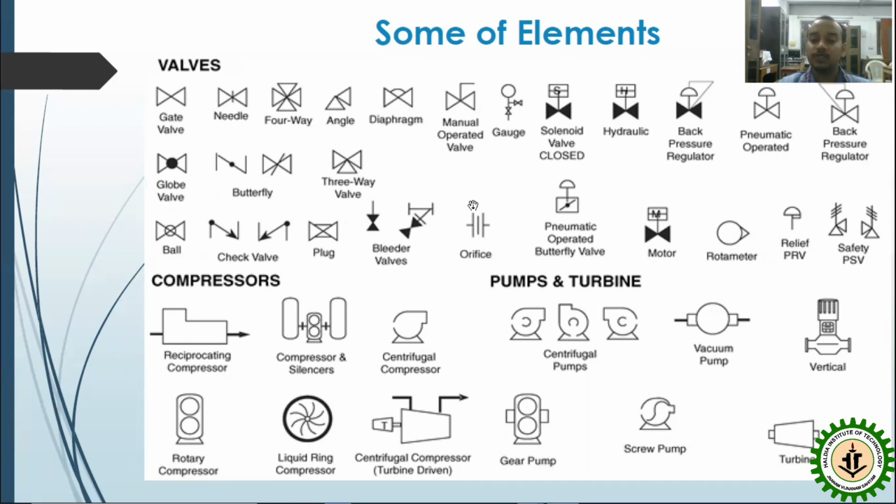So there will be no confusion whether it is a rotameter or an orifice. We do not need to think about it if this symbolic representation is given in the P&ID diagram. We can easily say it is nothing but the representation of our orifice. So that's why, as I already mentioned to you, it is quick, reliable, and obviously a systematic representation through which we can get all the idea about it.